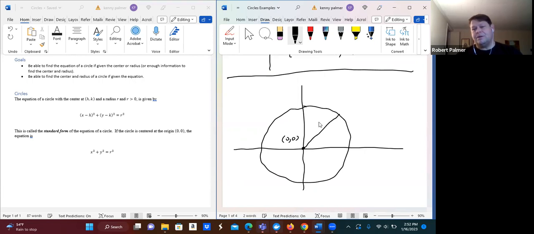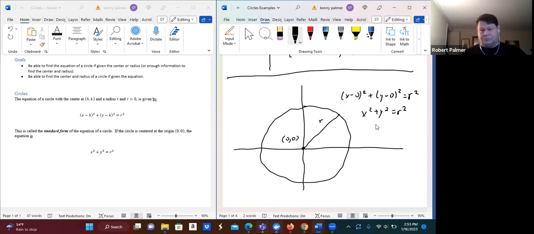This is our radius r. Once again, the equation of this circle, more generally, is going to be from the equation here: (x minus 0) squared plus (y minus 0) squared is equal to r squared, which of course just reduces to x squared plus y squared is equal to r squared.